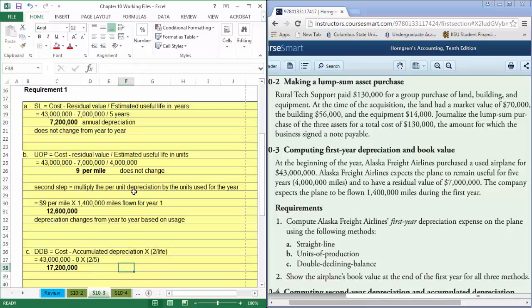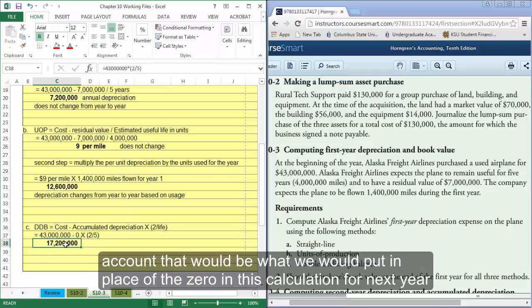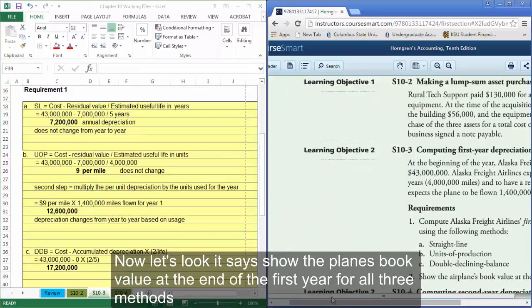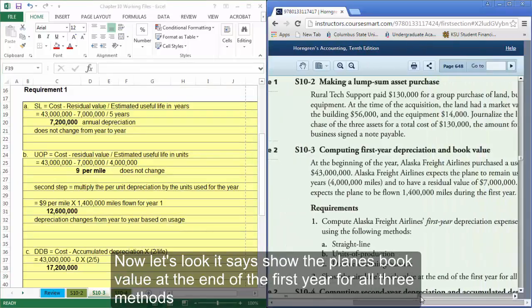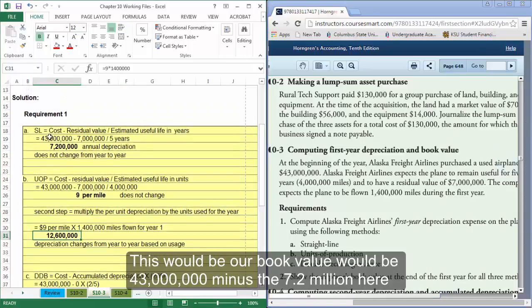Just so you know, this first year depreciation adds to our accumulated depreciation account, and that would be what we put in place of the 0 in this calculation for next year. Now it says to show the plane's book value at the end of the first year for all 3 methods. Our book value would be 43 million minus the 7.2 million.